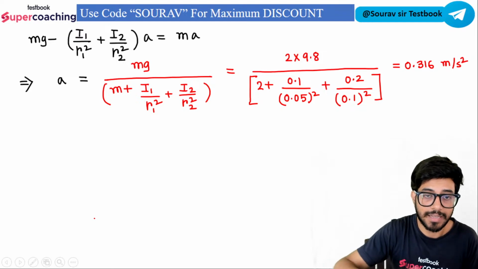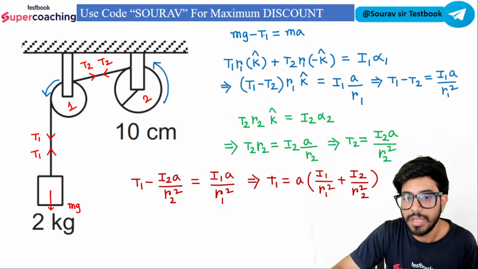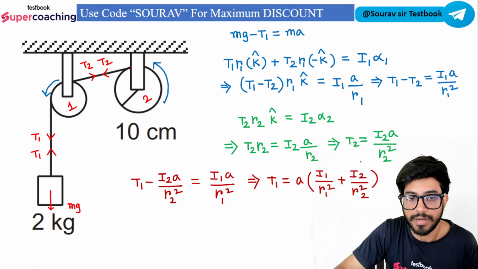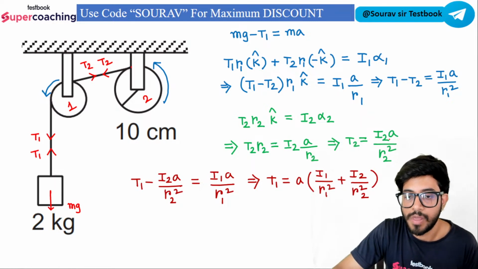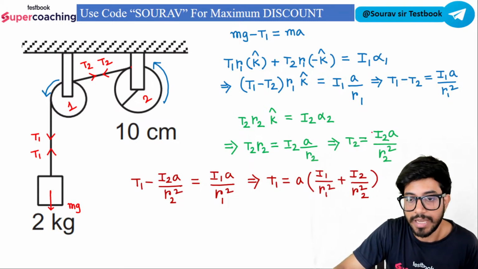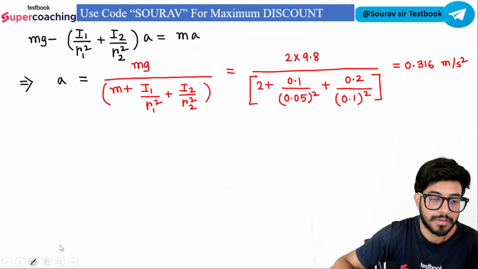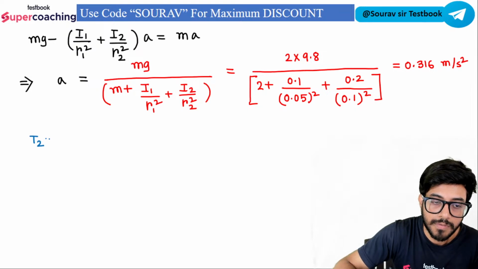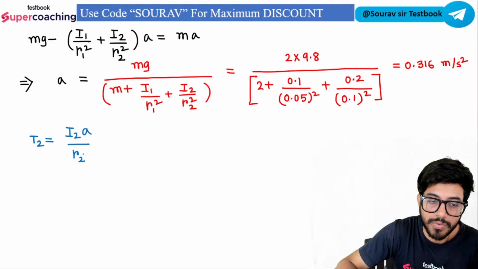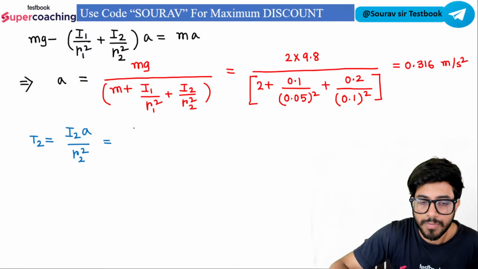Okay, now I know the acceleration, right? Put the acceleration in this equation, we'll get the value of T1, and once you find T1, you can find the value of T2. They have asked us to find the value of T2. T2 is I2 into A divided by R2 square. What is the moment of inertia of the second body? 0.2.